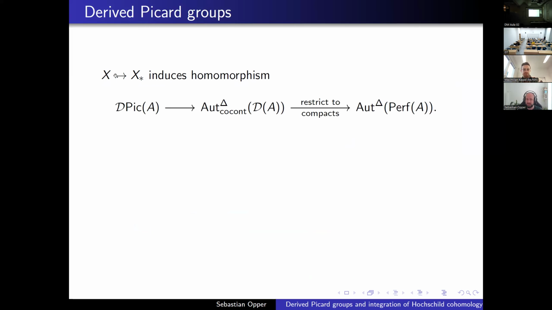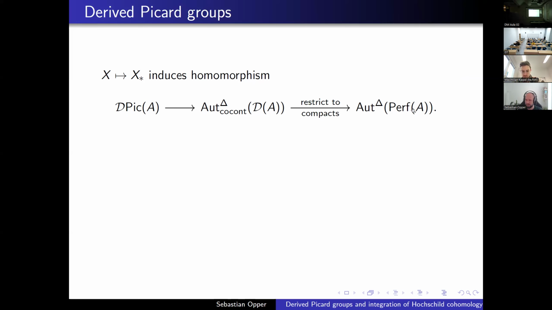So the first step is to say, well, okay, from X we assign this X lower star, which gives us, as I said, a co-continuous triangulated equivalence of the derived category. Now those things I can always restrict to the compact objects, and the compact objects are exactly the perfect complexes. I would say something about this in a second again. And you still have a triangulated functor.